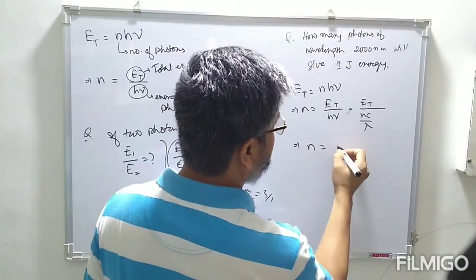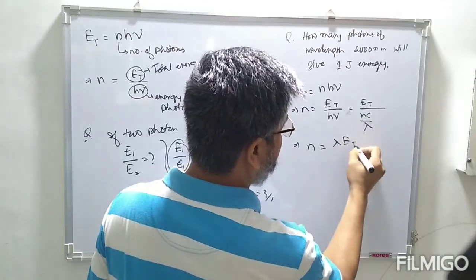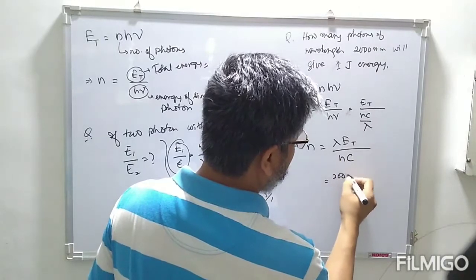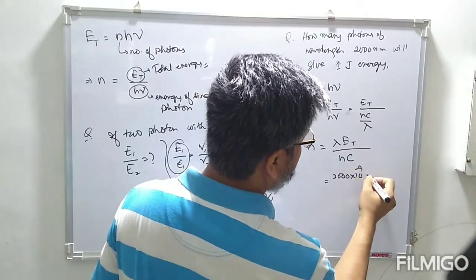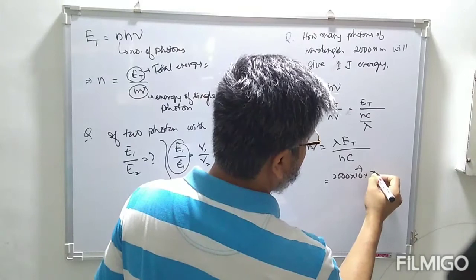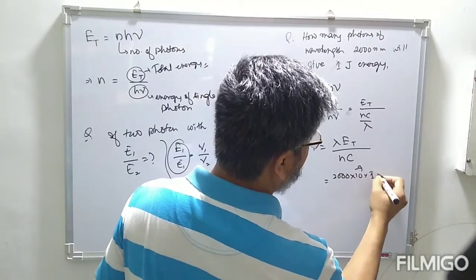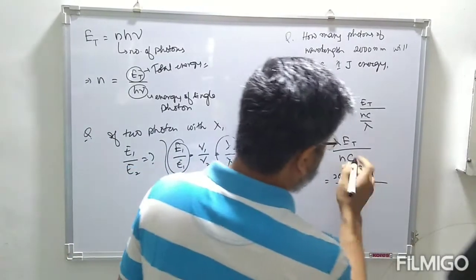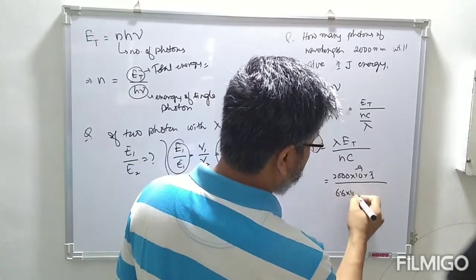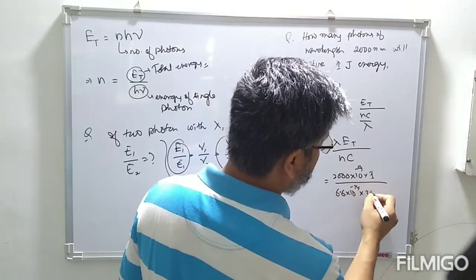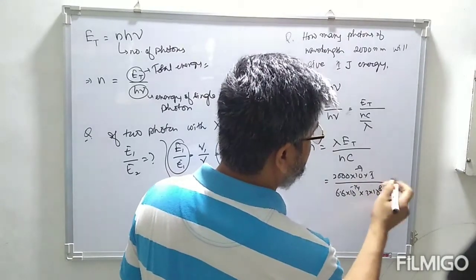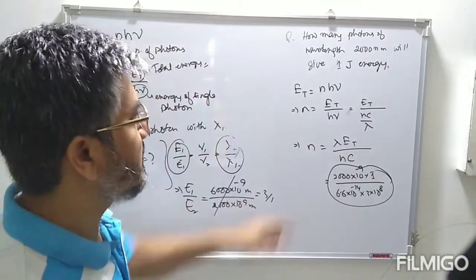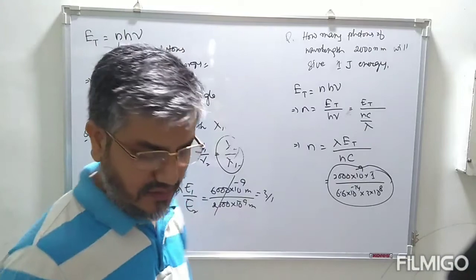Therefore, number of photons is lambda into total energy divided by h c. So lambda is 2000 into 10 to the power minus 9, total energy is 1 joule, divided by h, which is 6.6 into 10 to the power minus 34, c is 3 into 10 to the power 8. So this gives you the total number of photons that will yield 1 joule energy.